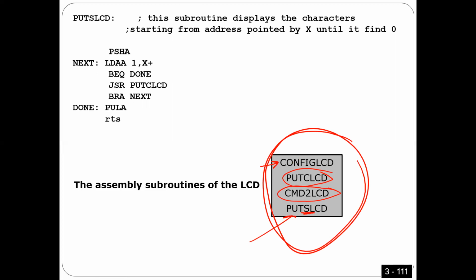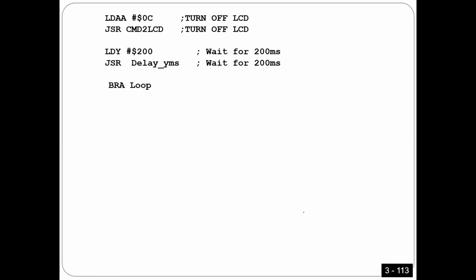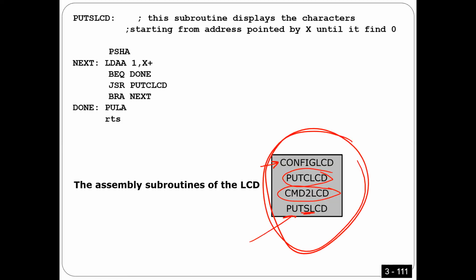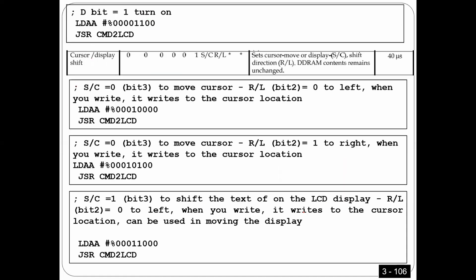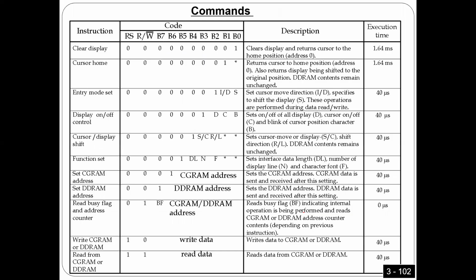I'm going to explain them later for sure. But this is all we have for assembly. Very easy. Same thing when I come to C, we'll find a number of functions. I'm going to explain. But now let me focus on commands. Any questions so far before I move forward? Any question, guys?